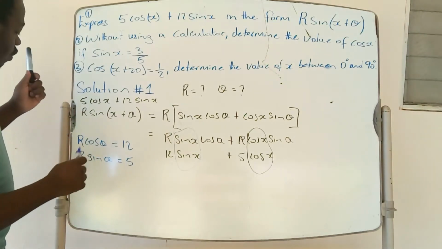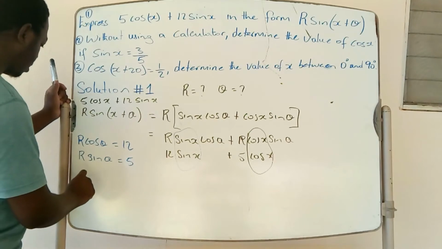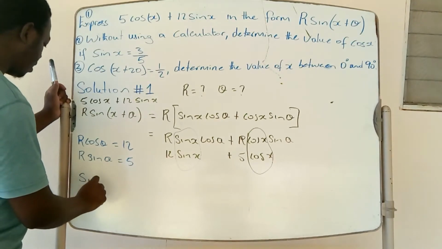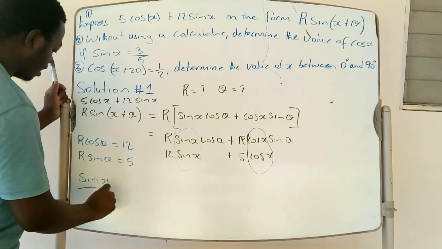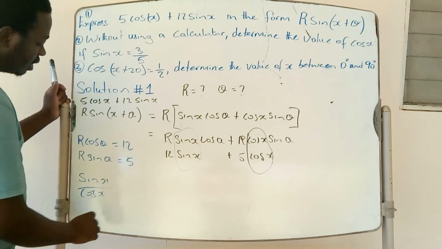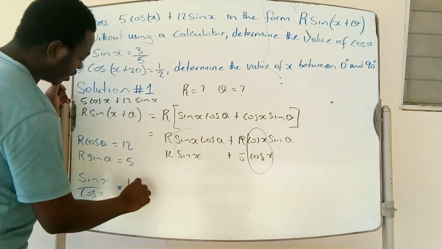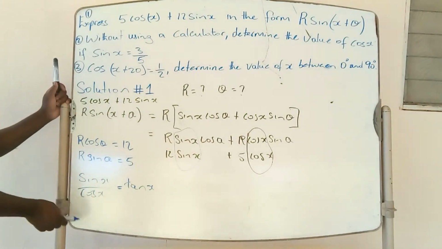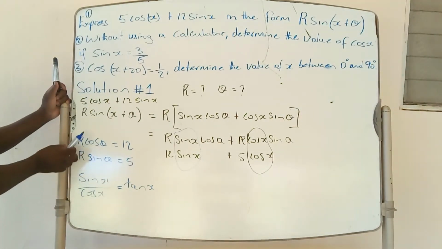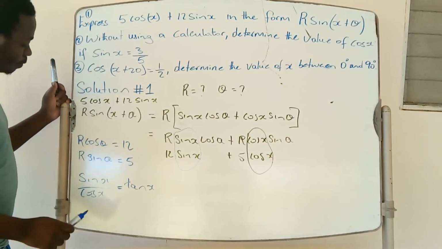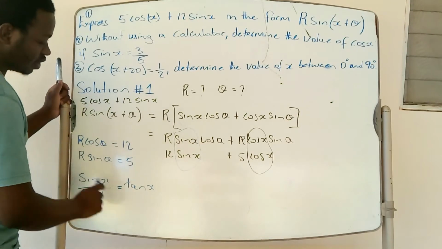One thing that you need to remember is that if you have sine of x divided by cos of x, which is an identity, this is equal to tangent of x, right? So with this identity in mind, it means that I could divide these two equations, right? So let's divide them.